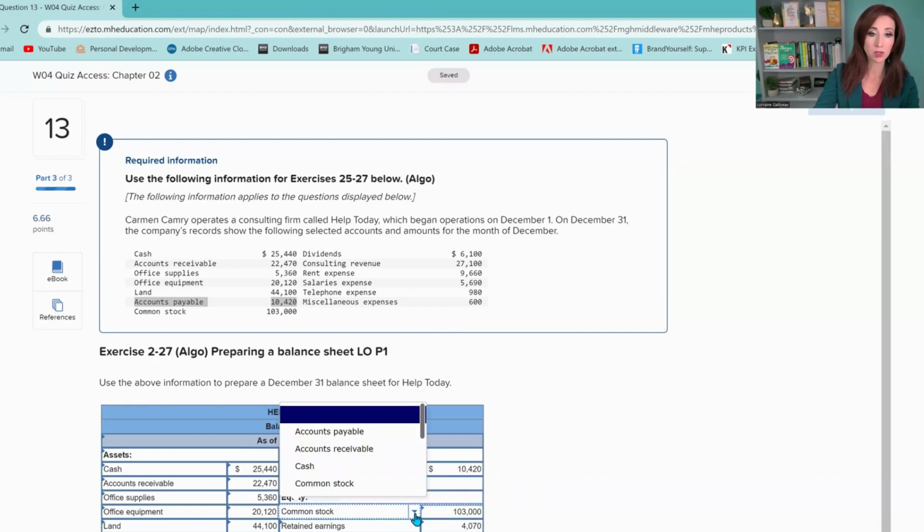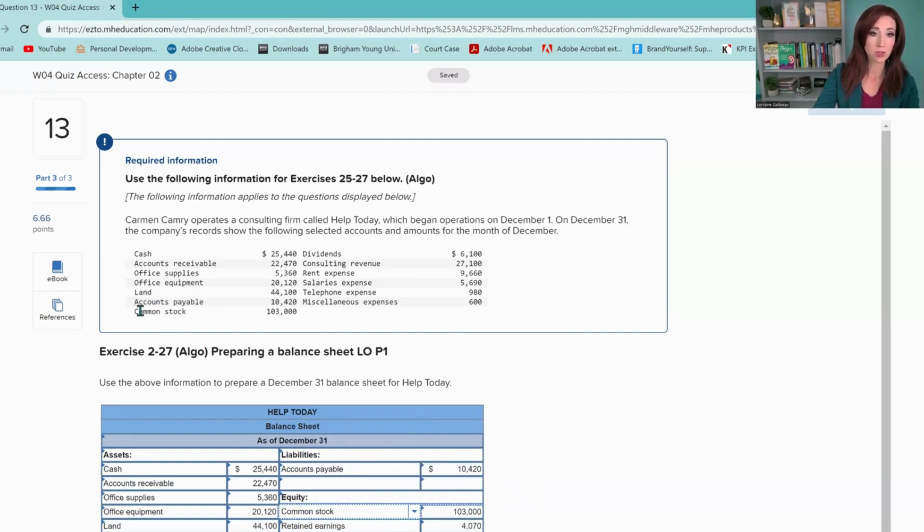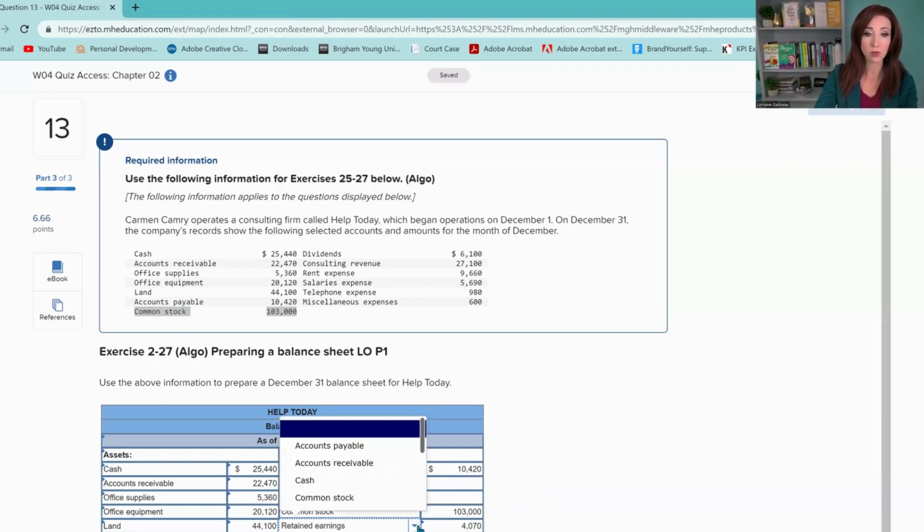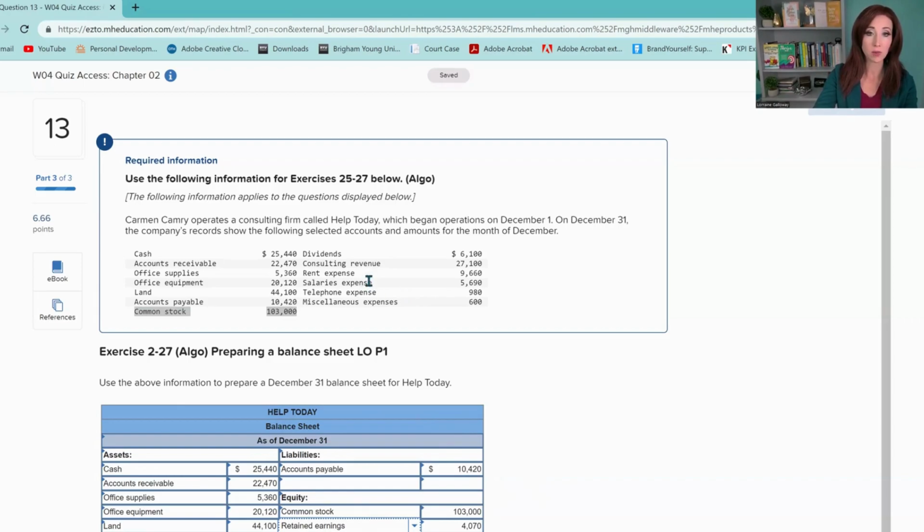We had common stock, which is listed right up here, the amount. And we had the retained earnings that we just calculated from the previous sheet. So these have to go in order for you to get the correct answer. Your numbers are going to be different than mine. Just make sure that they match from up above. So this one came from the previous sheet that we just did.